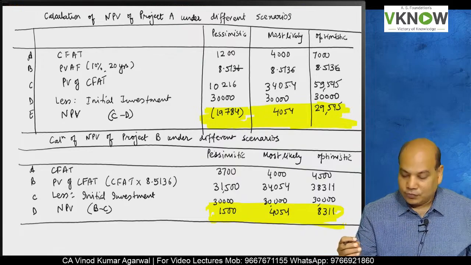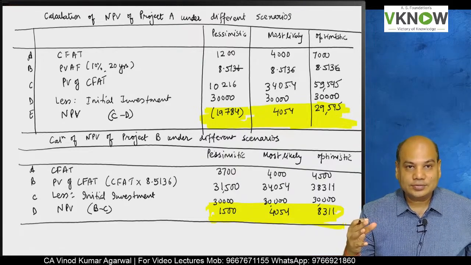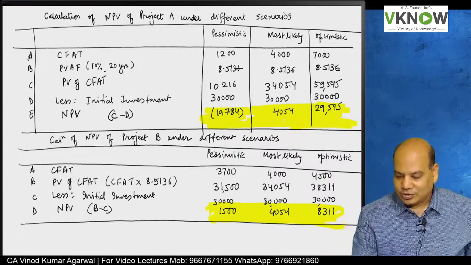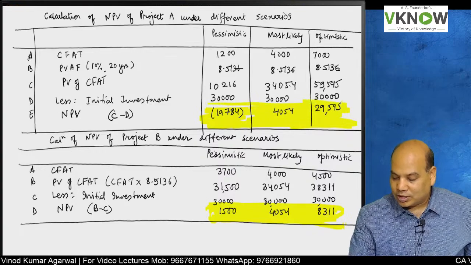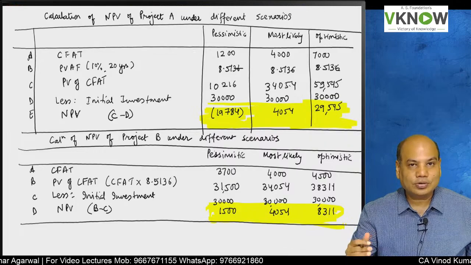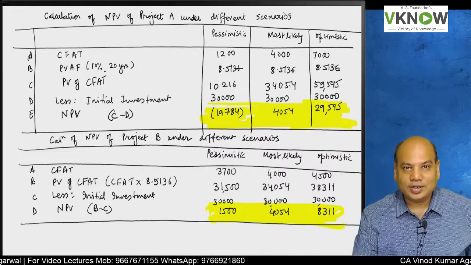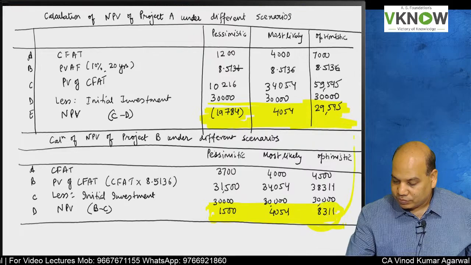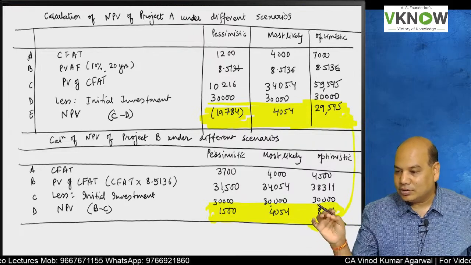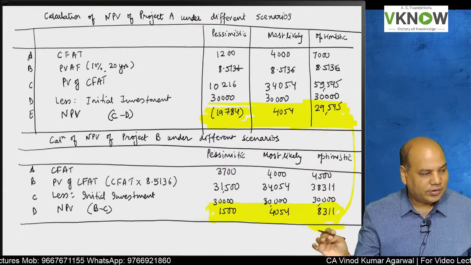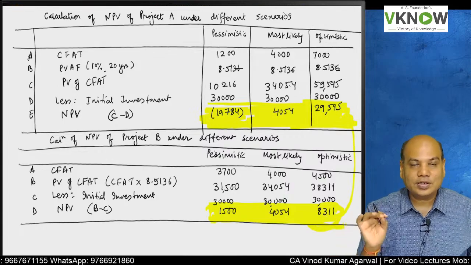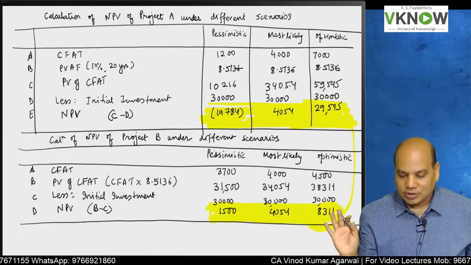But if you are a risk taker who wants to maximize his return, you will go with project A, because in project A, in optimistic scenario, the return can be very high, which is almost 3 to 4 times of what you will get in project B. Is it right? So the answer of this question is, it depends on the risk perception of the investors.